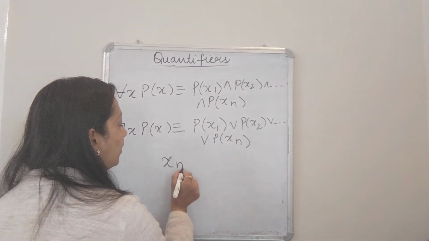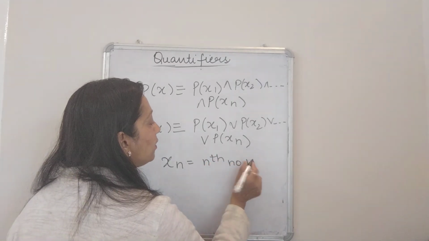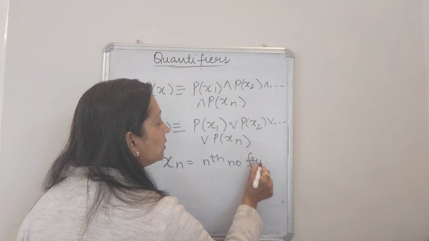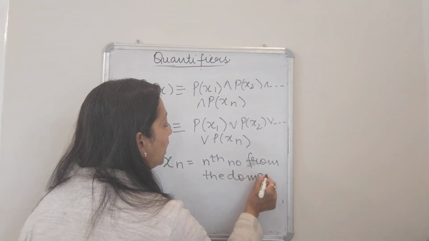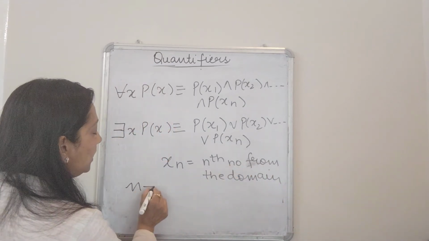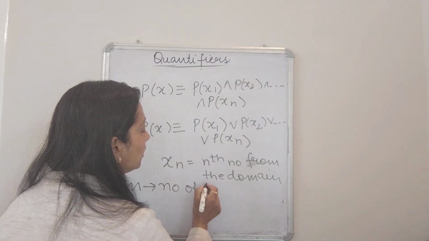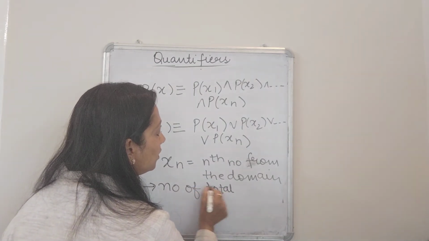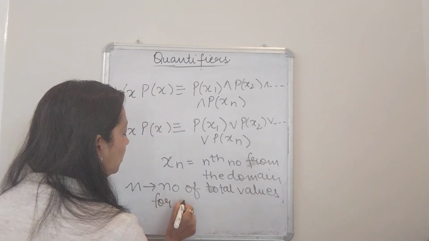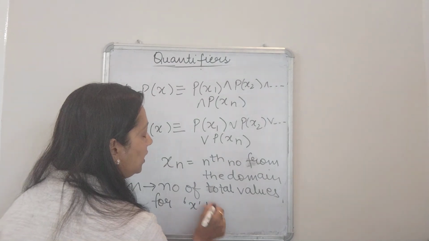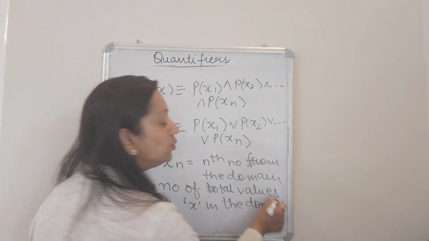So here xn is the nth value from the domain, and n is the total number of values for the variable x in the domain.